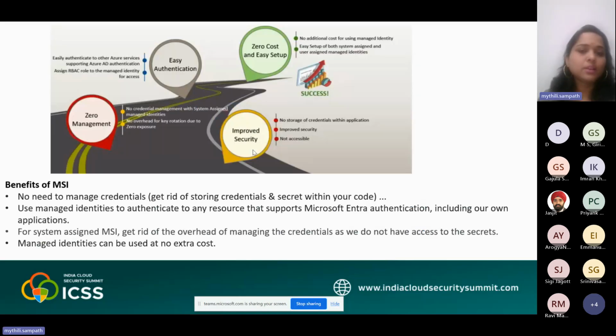And it's very important to leverage the Microsoft Entra managed identity, right? It's zero management. Credential management is completely system assigned, and there is no need to rotate. I still remember that whenever a key credential or token expired, our services would stop working, and we would immediately have to go to the Azure portal and see that the token had expired.